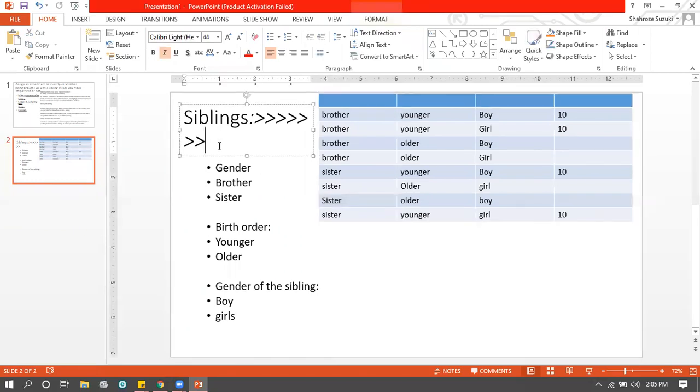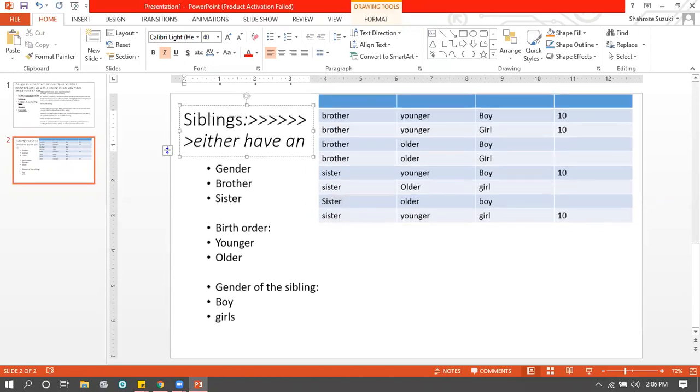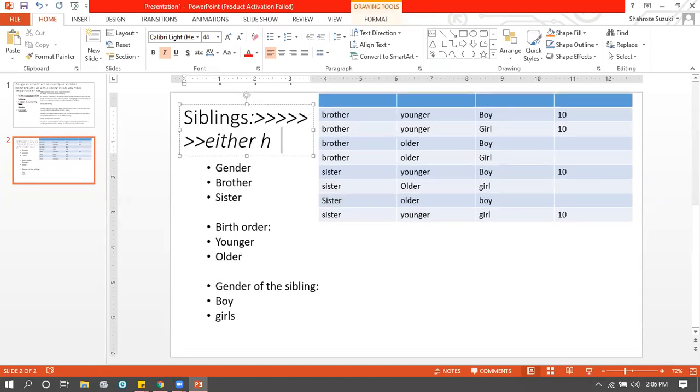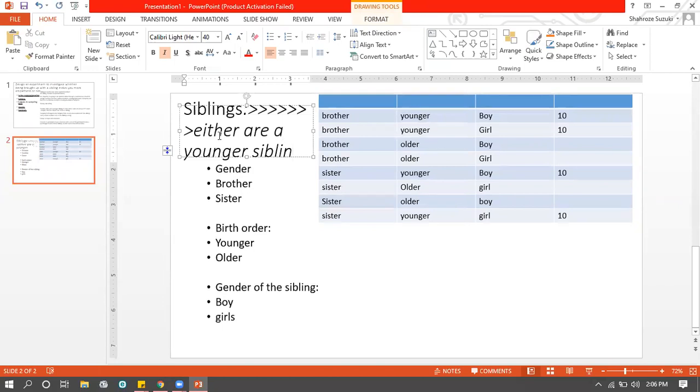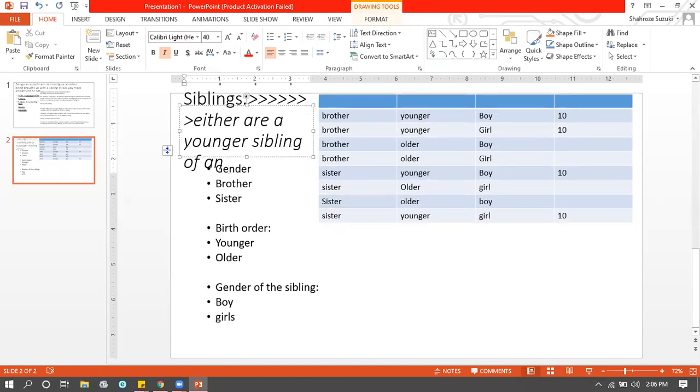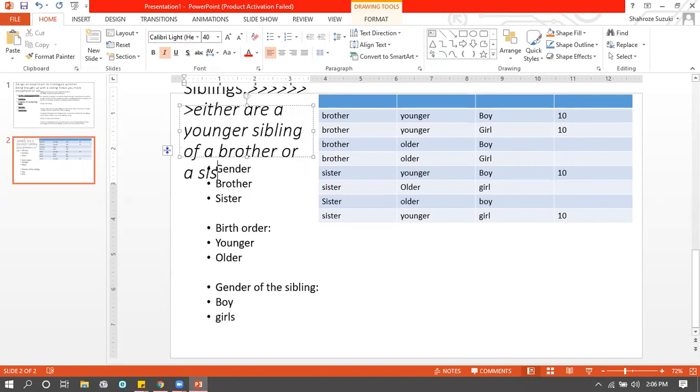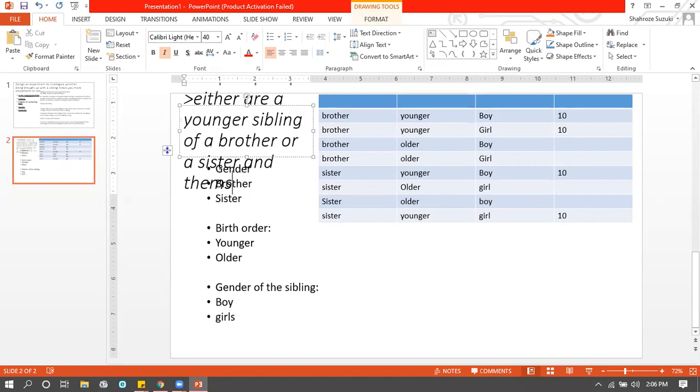So the complete definition is people, siblings who either are a younger sibling of a brother who is a sister themselves.